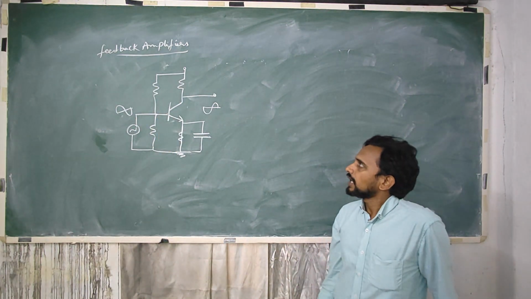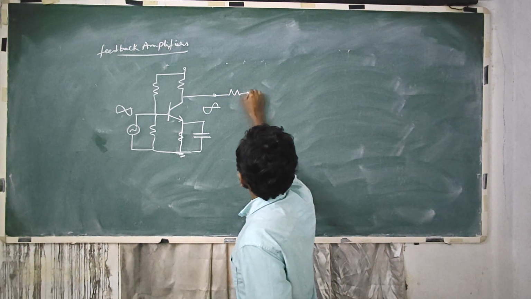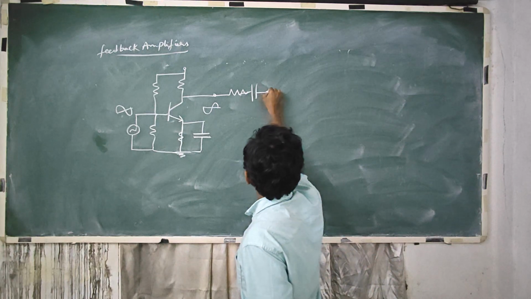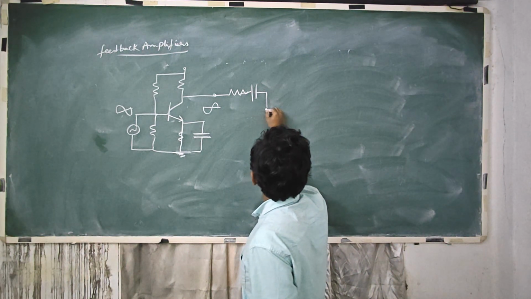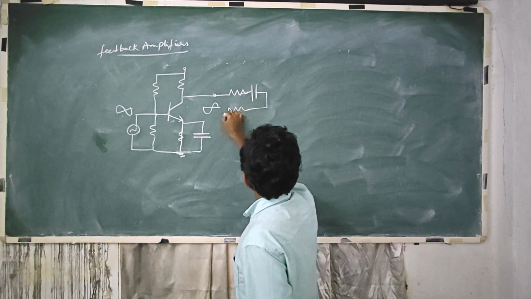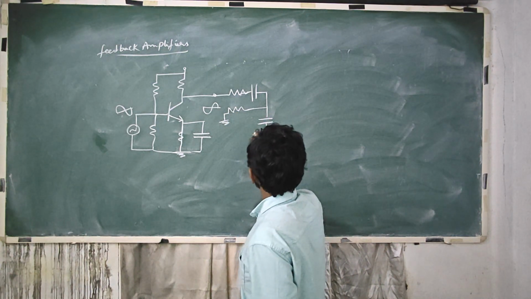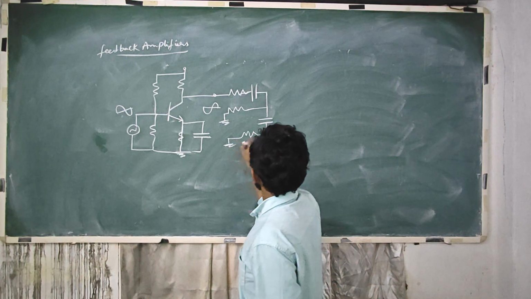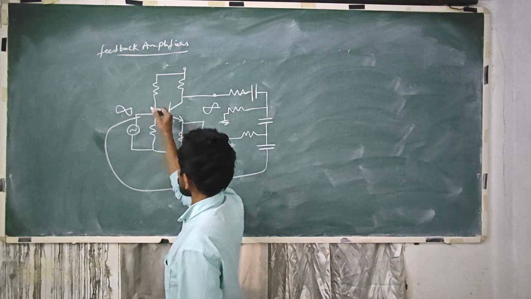Now I add 3 RC components, so resistance and a capacitor, again a resistance and a capacitor, and I give back to input.